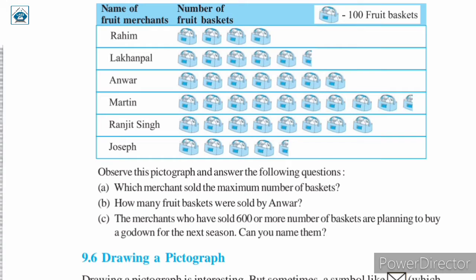So from the pictograph, we can easily say that Anwar, Martin and Ranjit Singh have sold 600 or more than 600 fruit baskets.